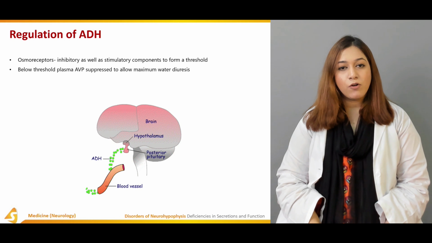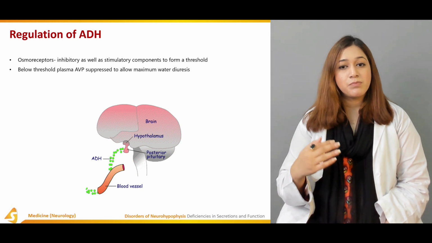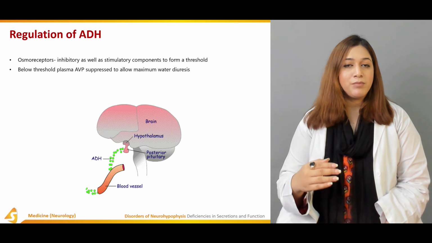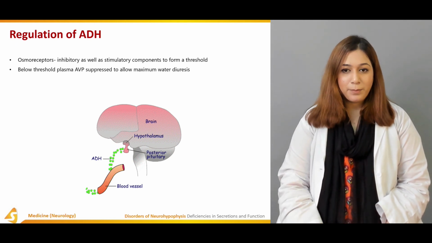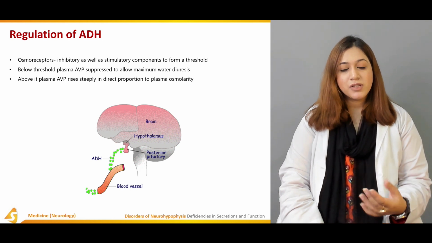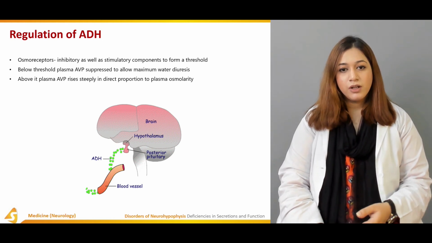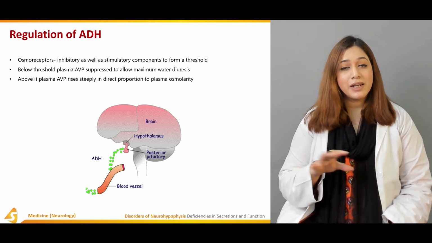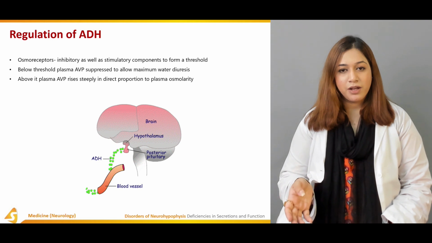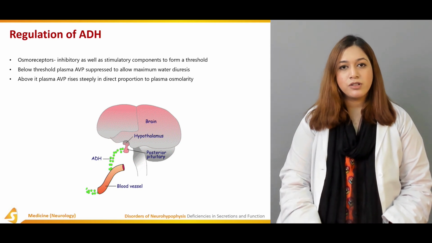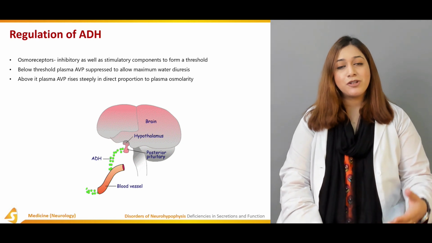If the osmoreceptors are not reaching that particular threshold level, the secretion of AVP will be stopped. If the osmoreceptors have crossed the threshold, plasma AVP will start rising steeply in direct proportion to the plasma osmolarity. So plasma osmolarity is one of the main factors in the regulation of ADH.